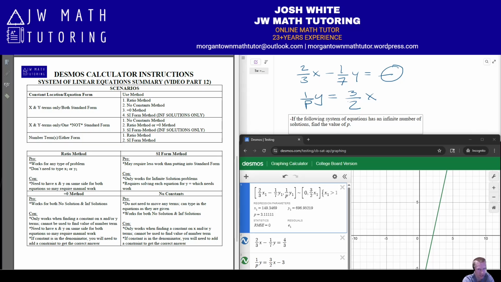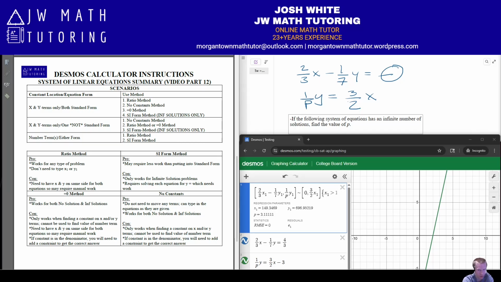All right, lastly, the no constants method. So the biggest advantage to this is that you do not need to move any terms. You just type in exactly what you're given with the equations and just replace any numbers or constants in it with 0. And it does work for both no solution and infinite solution cases. However, again, the same downsides that I just mentioned for the equal zero method, or at least two of them, are the same.